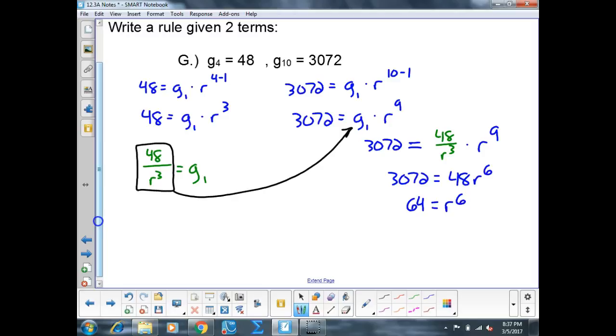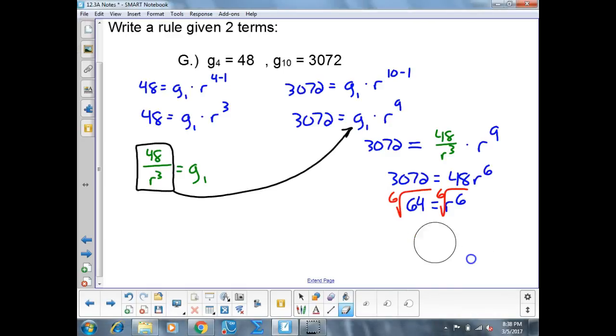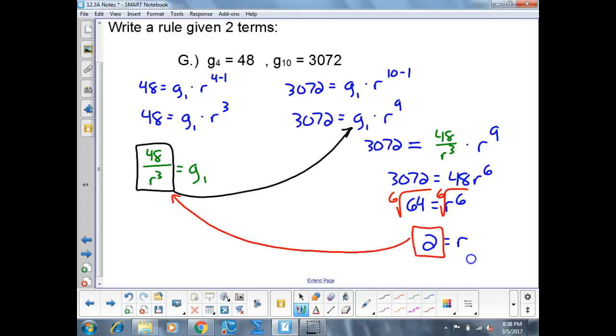Then taking the 6th root on both sides gives me 2 equals r. Put it in the wrong color. 2 equals r. Then what we're going to do with that is substitute that back in over here.